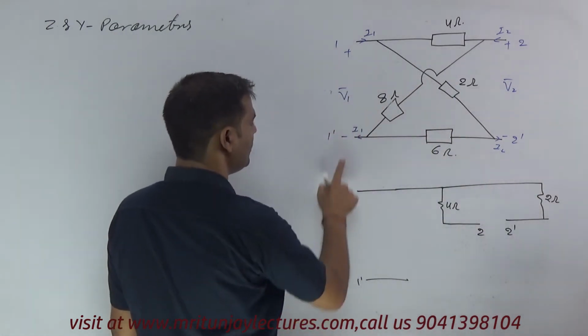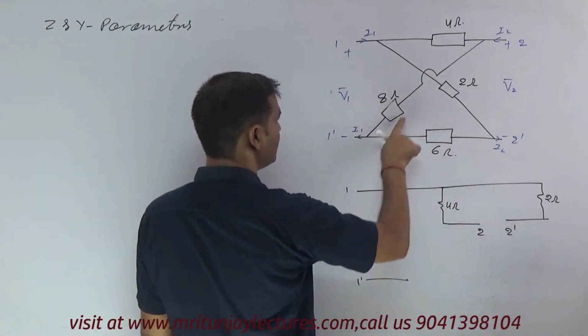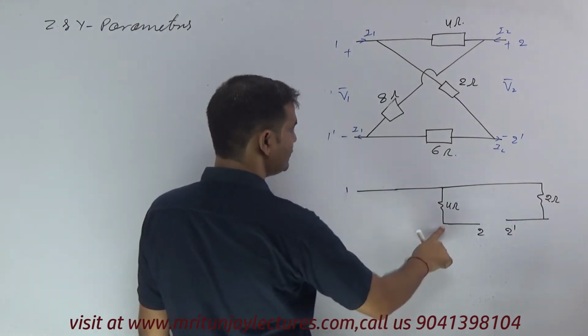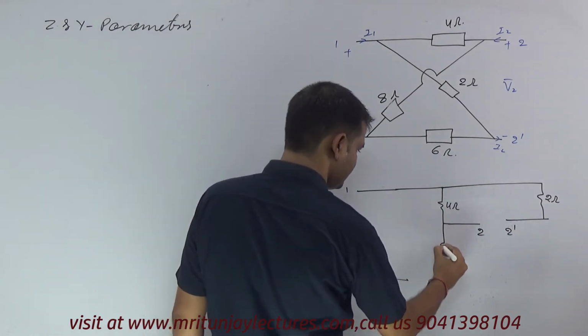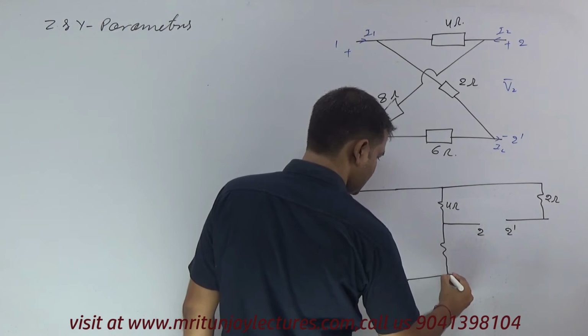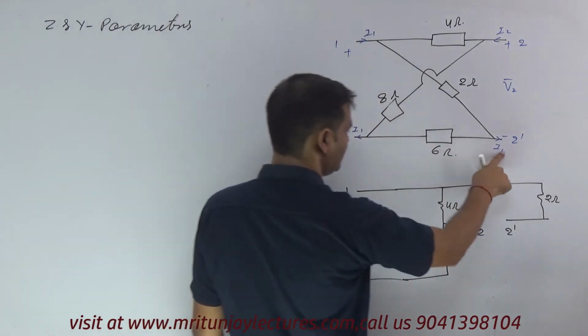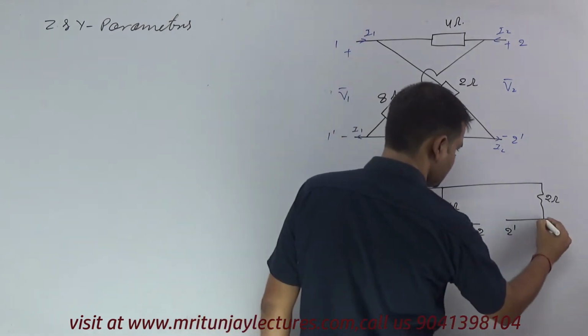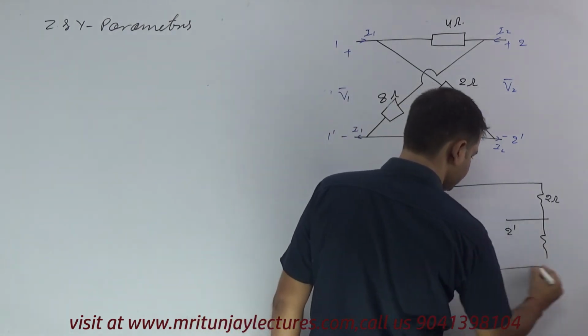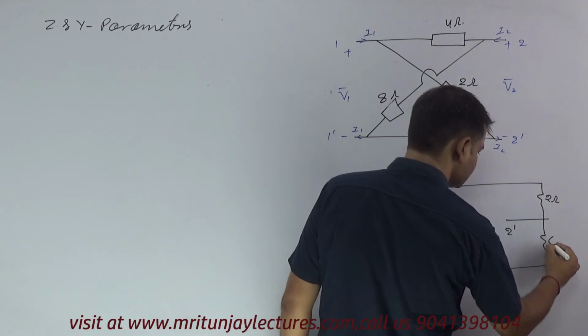Now 1 dash connected to 2 is 8 ohm, and 1 dash connected to 2 dash is 6 ohm, and this one is 6 ohm.